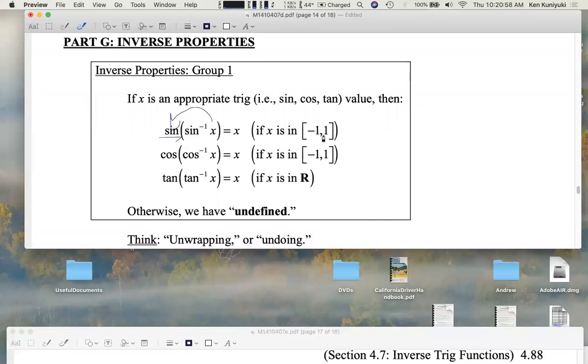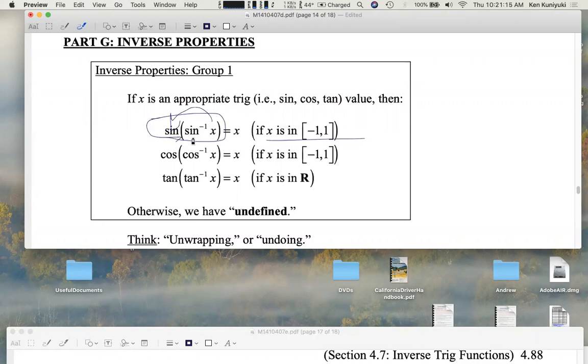The range is this closed interval from -1 to 1. Under these circumstances, if x is the input, then x is the final output. We simplify this expression as just x under these circumstances.